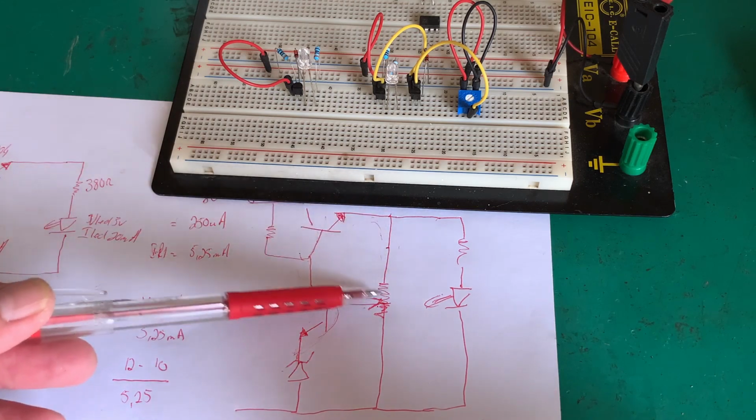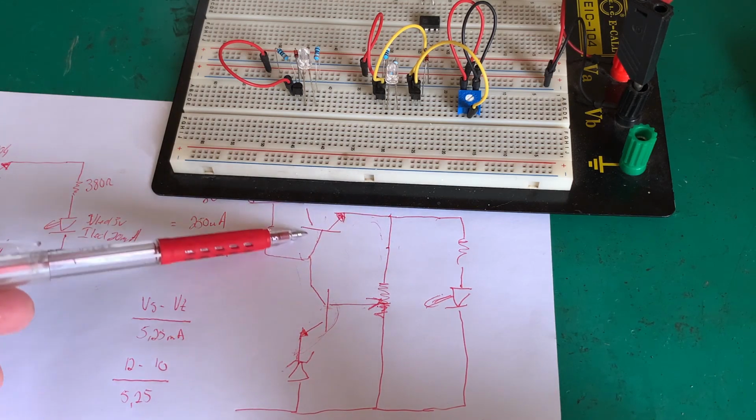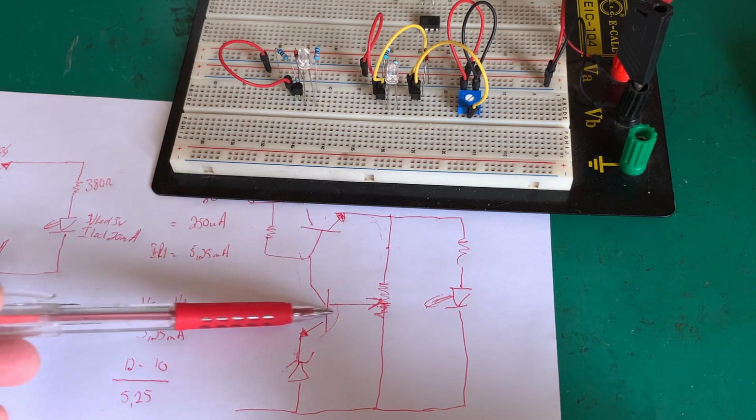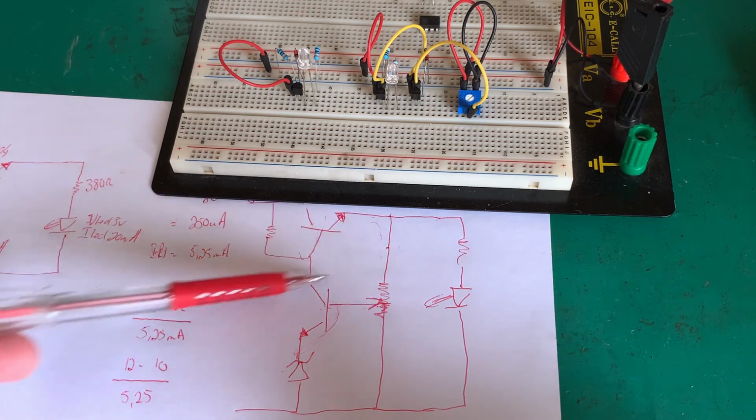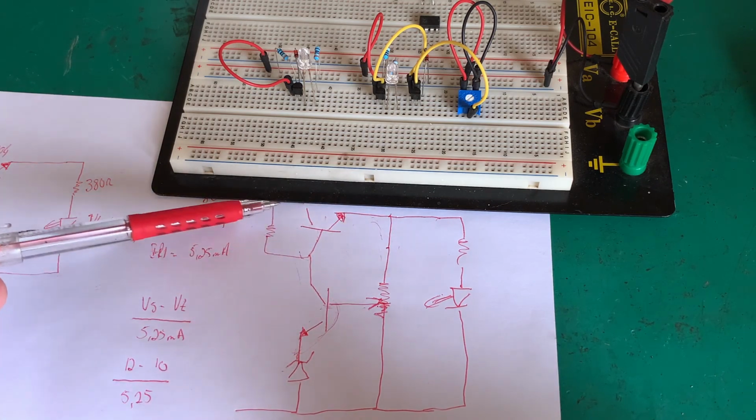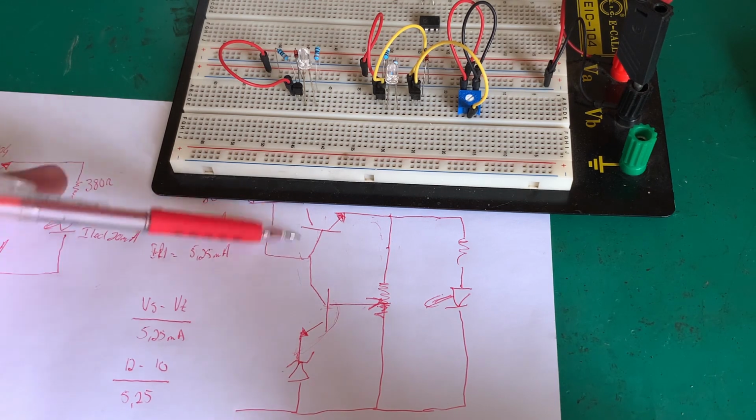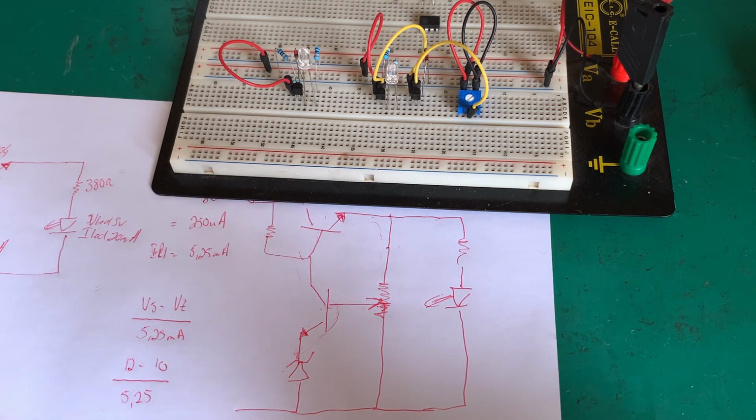So across the output we take a piece back into the base of that transistor to switch it on more or less, to add more or less feedback for the Zener. Again, same thing that we're doing on the other side.